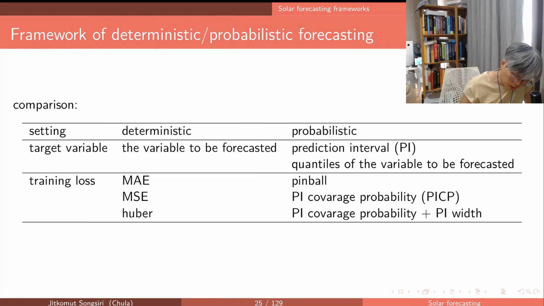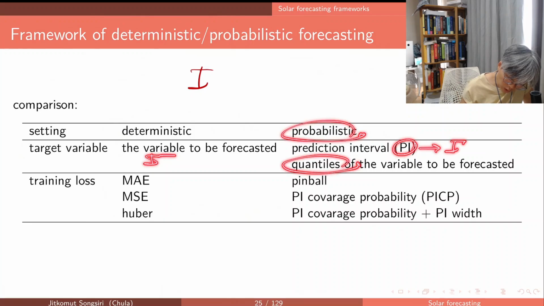If it releases quantiles, it is the quantiles of that variable. I hope you are following this. If I develop a solar irradiance forecasting model, the deterministic target would be I, and the probabilistic approach would be the prediction interval of I, or quantiles of variable I.